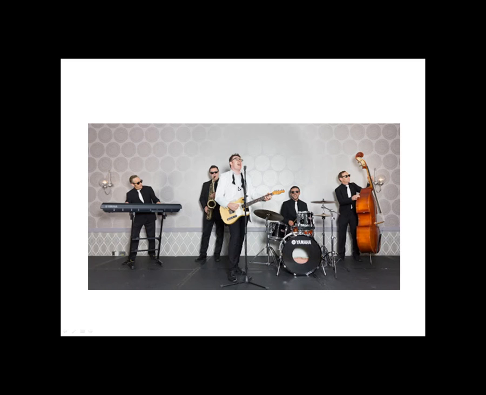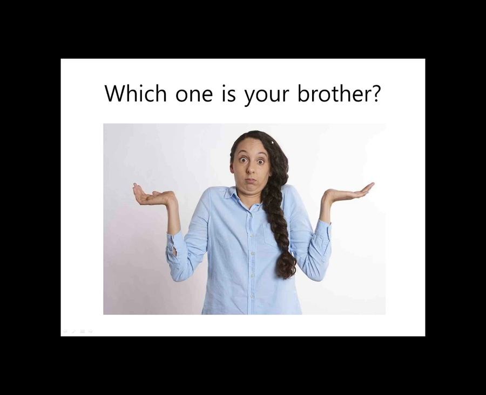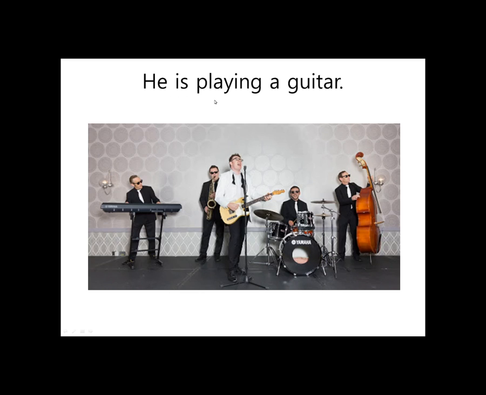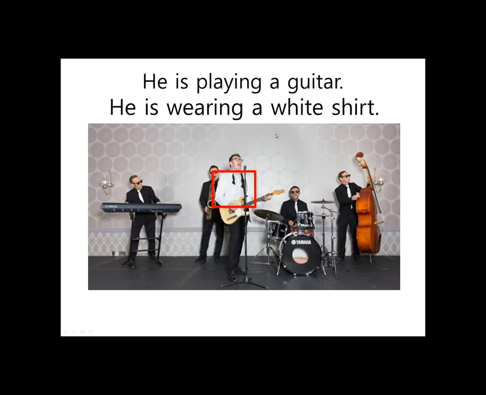So which one? He is playing a guitar. So this is an action, what he is doing. And he is wearing a white shirt. Yeah, okay, so this is her brother. He is playing a guitar and he is wearing a white shirt.